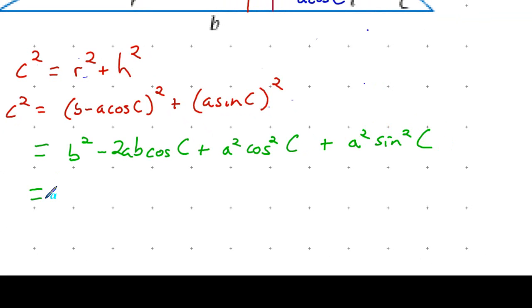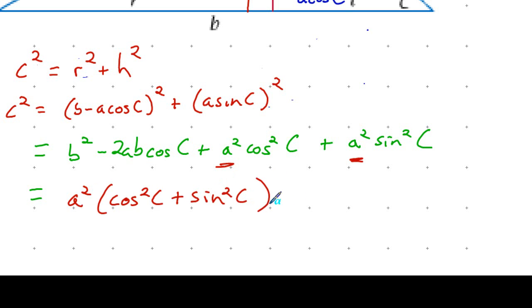Furthermore, seeing that these two values both have an a squared in front of them, I can factor out an a squared, leaving me with this value plus b squared minus 2ab cosine of c.